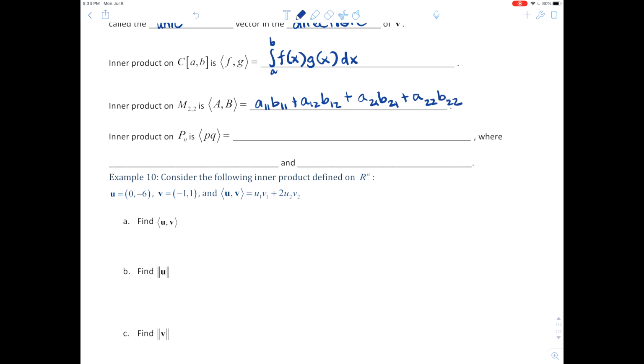Groovy? The inner product on the set of polynomial functions is the inner product of P and Q. There should be a comma there, sorry.